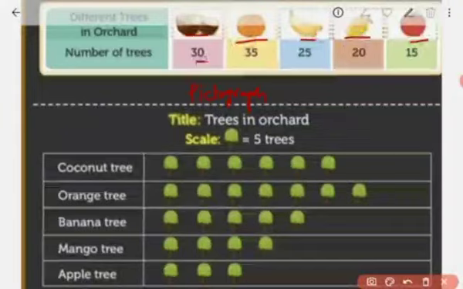Coconut trees are 30, orange trees 35, banana trees 25, mango trees 20, and apple trees 15. You have already learned about pictographs in your previous classes, I think in 5th or 6th standard.